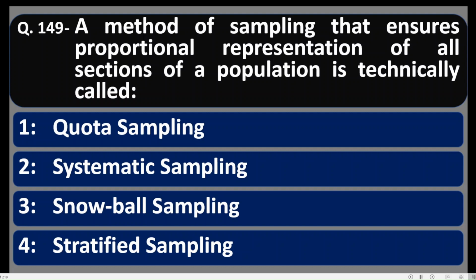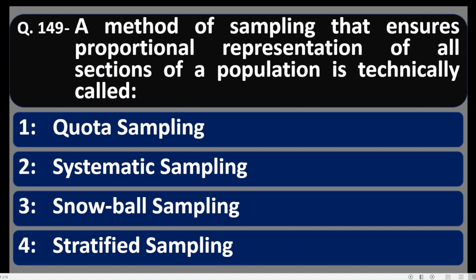Friends, in quota sampling, first of all, the population is divided into different sections, and on the basis of the number of subjects in the population and the number of subjects expected in the sample, the ratio between these two numbers is found out.